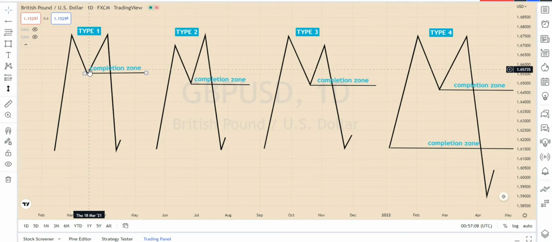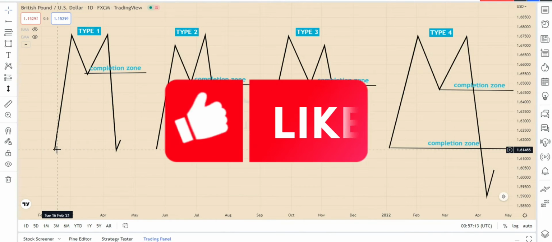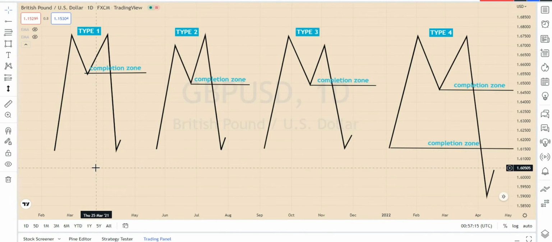That's the type 1M, which is basically the normal M structure we are all familiar with. When you see it form in price action, before you can trade this M, you have to train your eyes to always recognize the M, because it's not going to be clearly drawn like in your books or how it is written here.